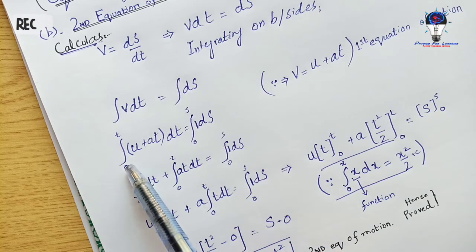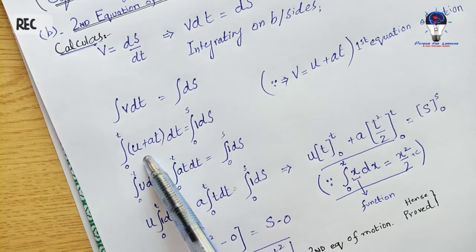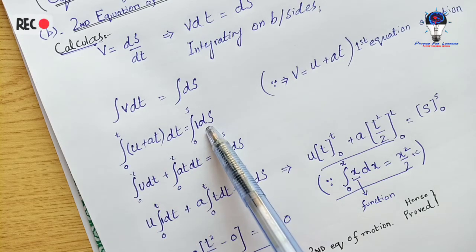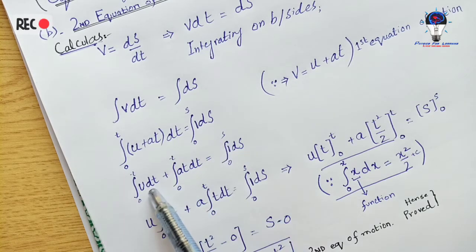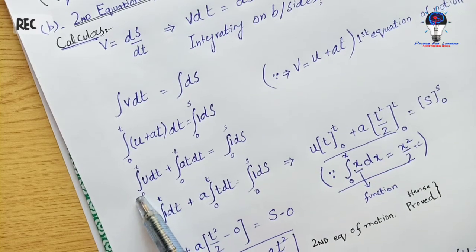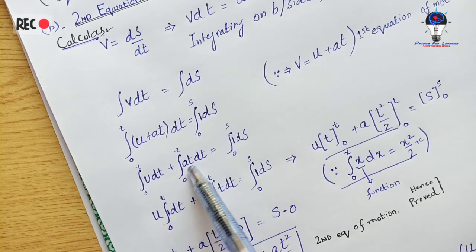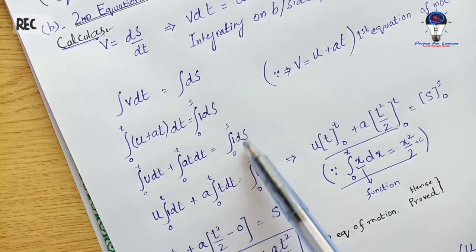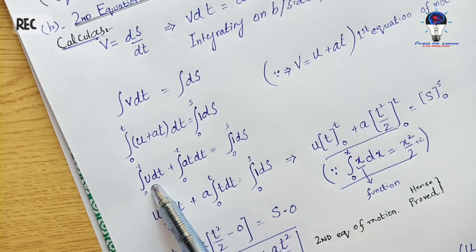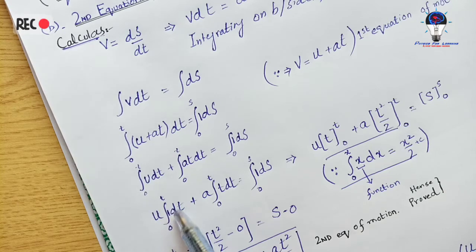Now after this we will integrate every factor separately. So after separating them we will get integration of u dt plus integration of at dt, which is equal to integration of 1 ds. Because u is the constant value, it will come outside and the remaining part will be 1.